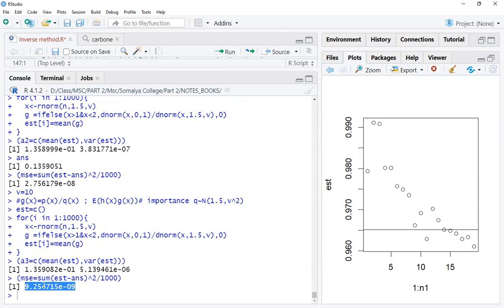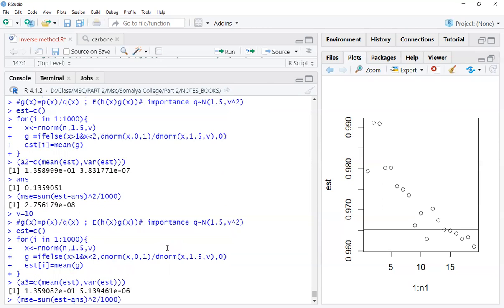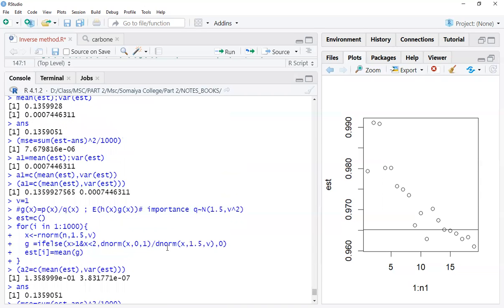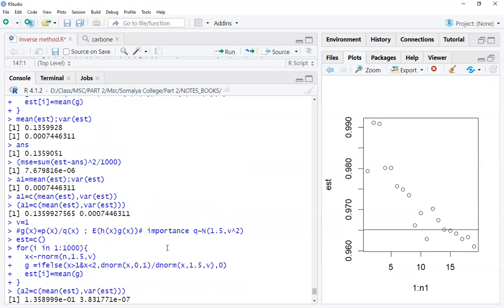This one is 10 raised to minus 9. This is 10 raised to minus 8. And this is 10 raised to minus 6.